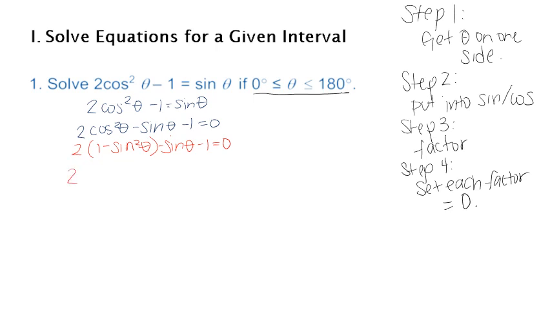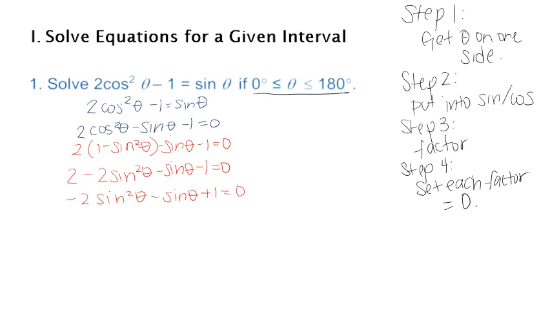I'd have 2 minus 2 sine squared theta minus sine of theta minus 1 equals 0. And combining some like terms, I'm going to have negative 2 times the sine squared theta minus sine of theta plus 1 is equal to 0.